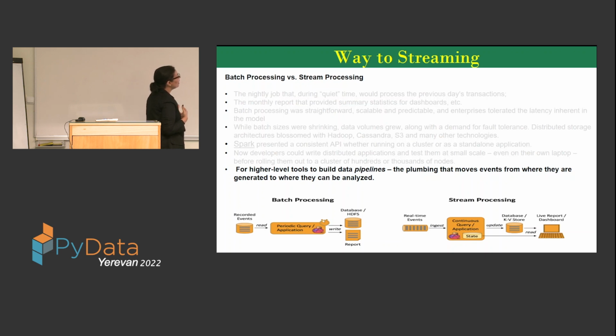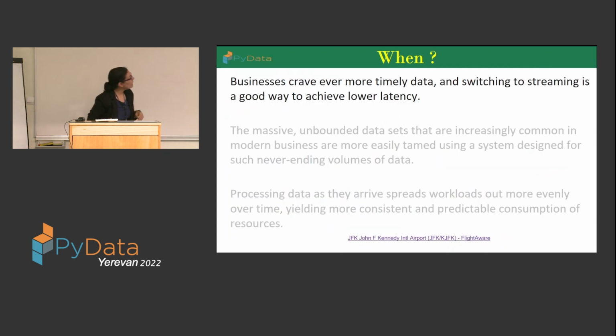Because of all these changes in a few years, the demand for building real-time data increased, and so we are moving from batch processing to stream processing. As I told you, this presentation has two focuses: when and how.